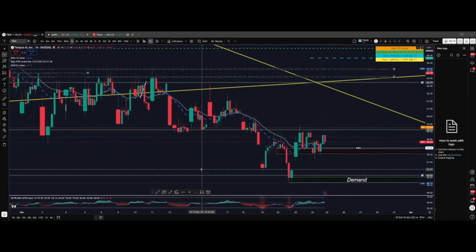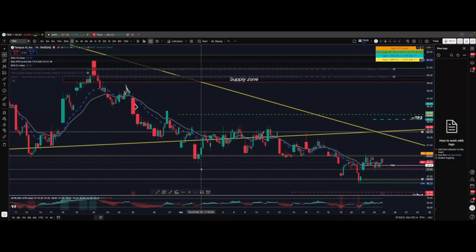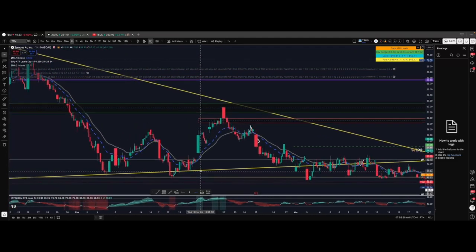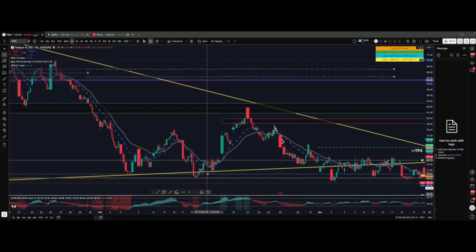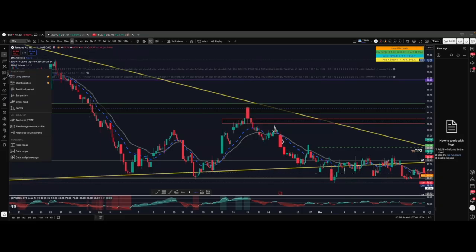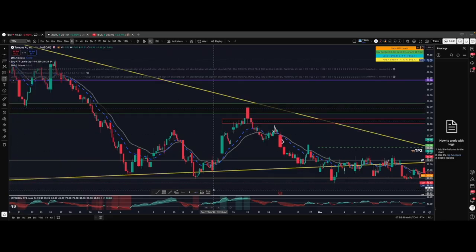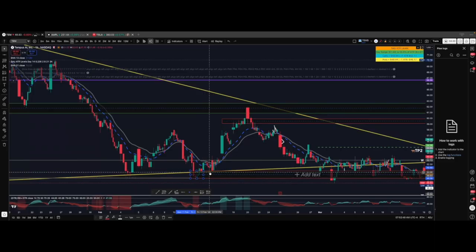So I'm trying to see if I can find a different demand zone that I can actually show you what that looks like, right? And this would probably be another demand zone. And where's my little... so I grab my rectangle and I would block that off as a demand zone.